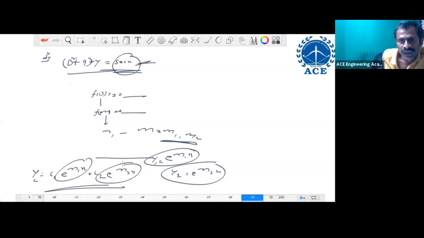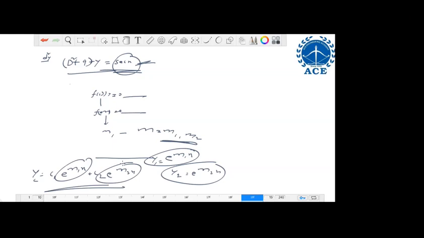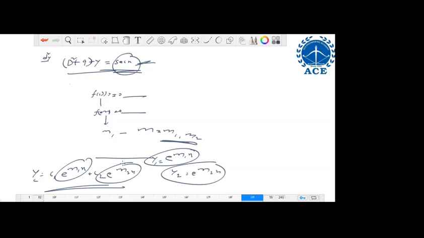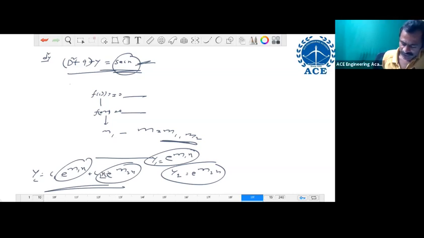That is the method of finding the independent solutions. When the roots are real and different, that's it. Suppose repeated, then c1 e power m1x plus c2 x into e power m2x. Yes, sir.